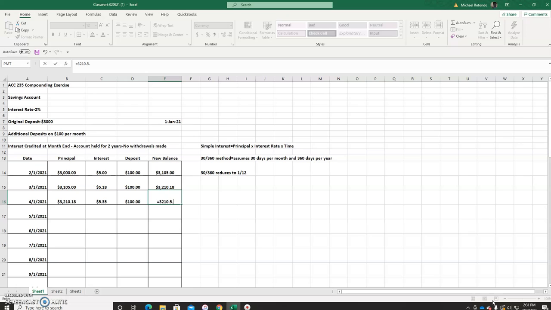If you have a loan that compounds like this, well, then that's a whole other issue because you're the one paying it. So it's not so good for you. But if you're saving it, this is a good thing, right? So now we have $3,315.53, and we'll do one more month.